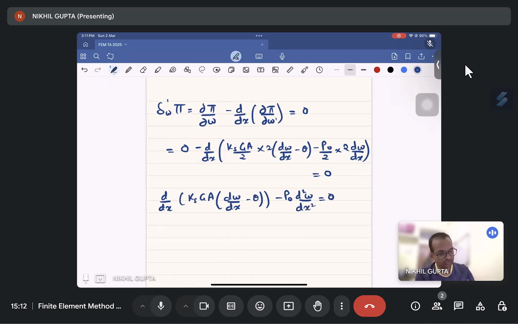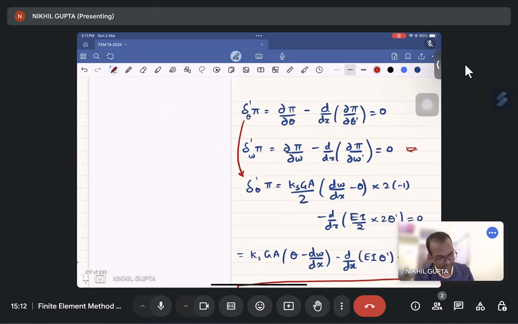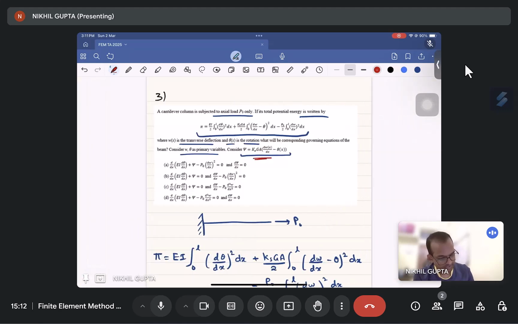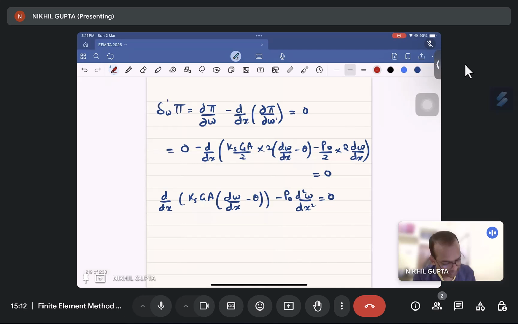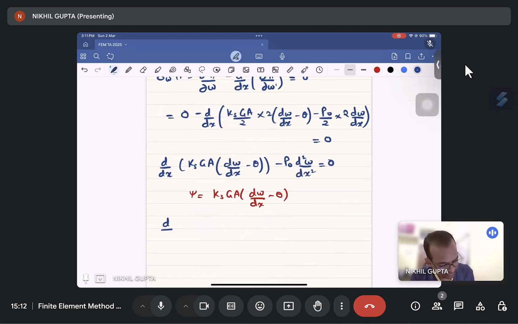Now in our question, this assumption is given, so let's assume that xi equals ksga dw by dx minus theta, which is already given in the question. So we'll write d by dx of xi minus p naught d2w by dx square equals to 0.